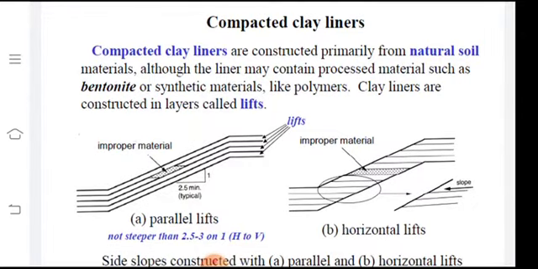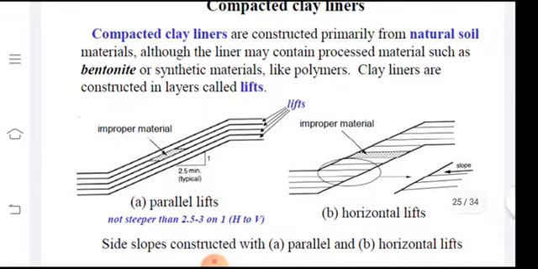Compacted clay liners are constructed primarily from natural soil materials, and then bentonite is added to further enhance its retention capacity. Bentonite is a type of clay which has the finest particles.